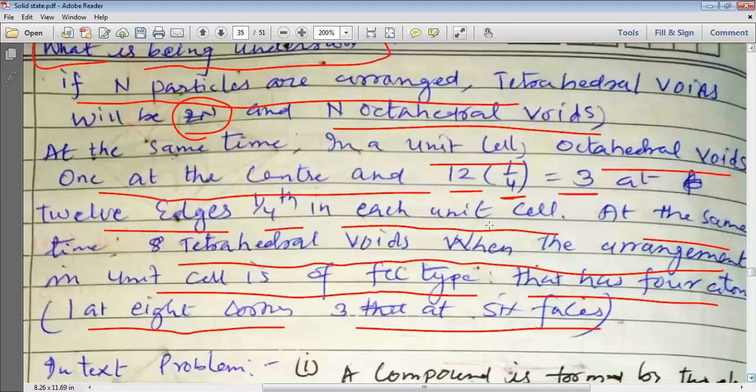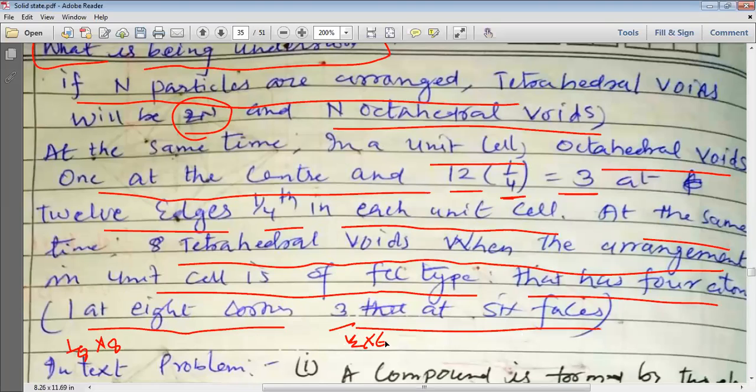So if we look into the FCC kind of unit cell, we will have 1 particle at 8 corners and 3 particles at 6 faces. These 3 we get by 1 by 2 multiplied by 6. And this 1 particle we get as 1 by 8 multiplied by 8.